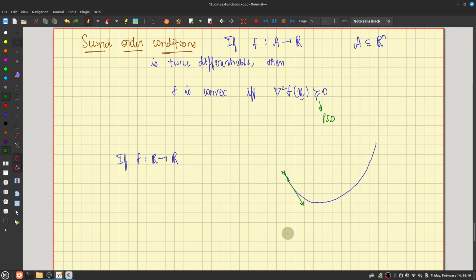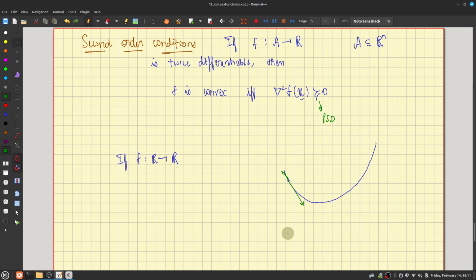So if the second derivative is greater than or equal to 0 at every point, what can you say about the slope? The slope can only increase from beyond this particular point. It can never decrease, right? Which means that right now the function is in a decreasing trend. The rate of decrease can only reduce, right?